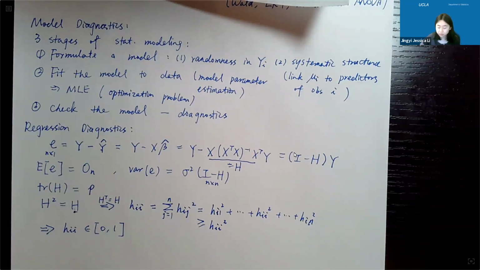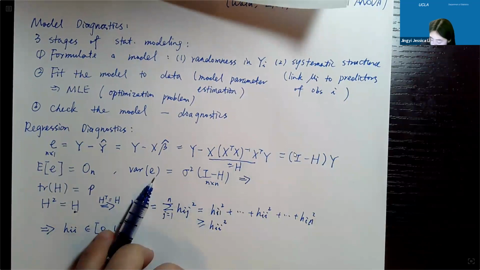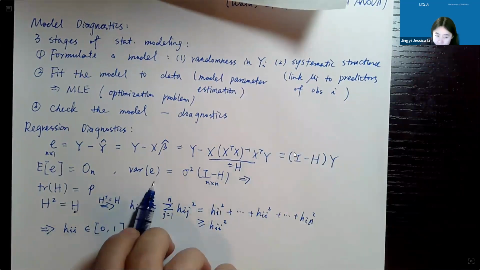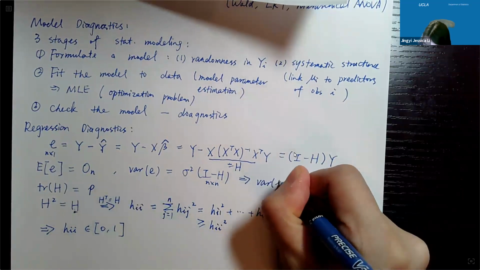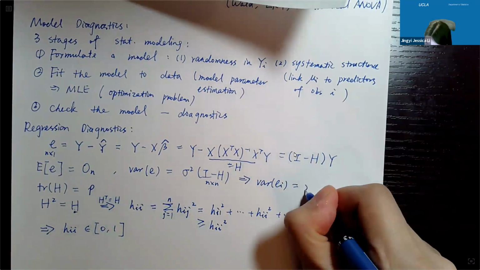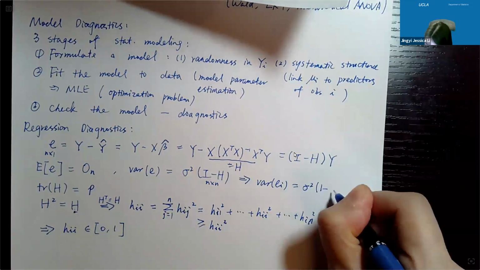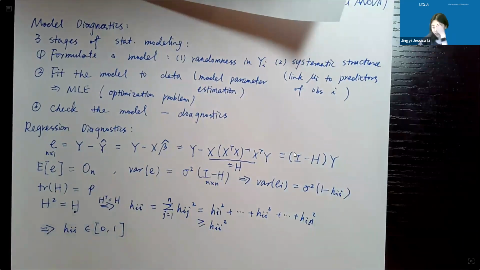And this is something we must have, because if we check this covariance matrix formula, it tells me that if I look at one particular residual i, then that residual's variance can be expressed as sigma squared times (1 minus H_ii), where H_ii is the i-th diagonal entry of the H matrix.